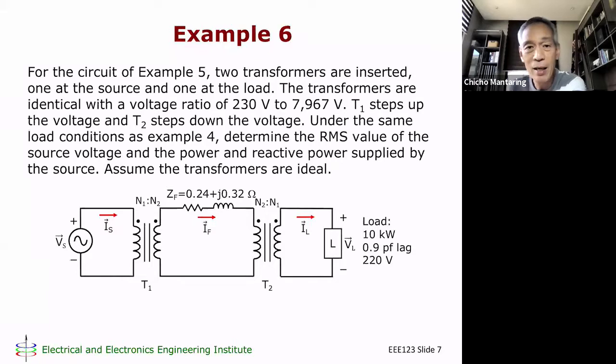Well, this appears to be a standard transformer, kaya siya yung ginamit sa example. So you will find this type of transformer, I guess, in industry. So the question is the same: determine the RMS value of the source voltage and the power and reactive power supplied by the source.